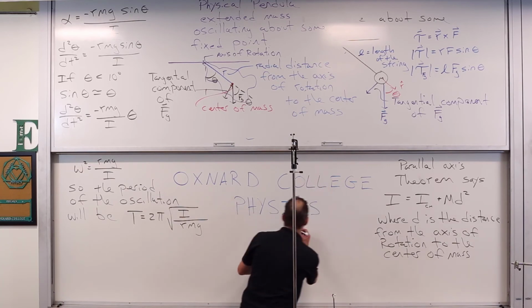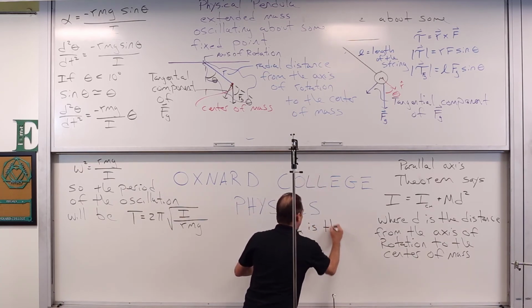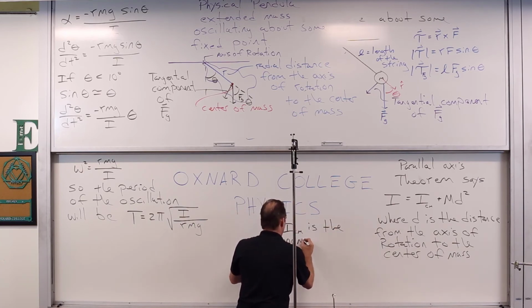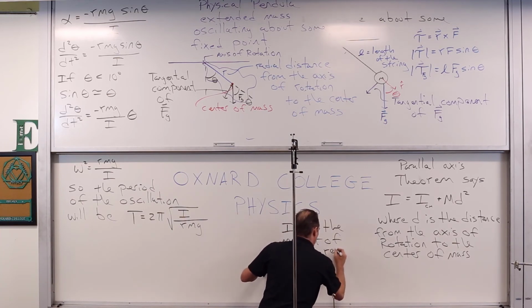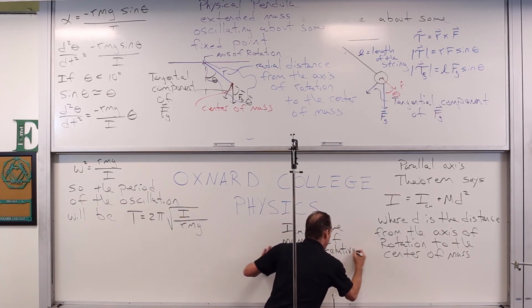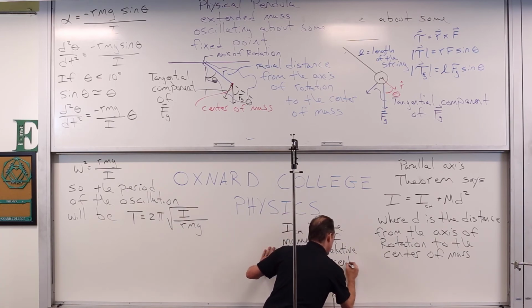So I sub cm, yeah, we should write that. I sub cm is the moment of inertia relative to the center of mass.